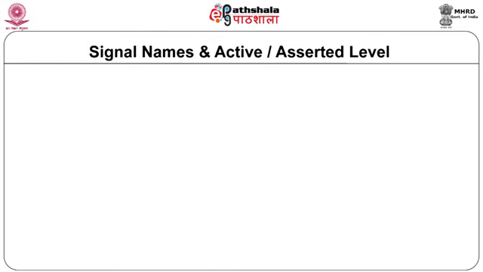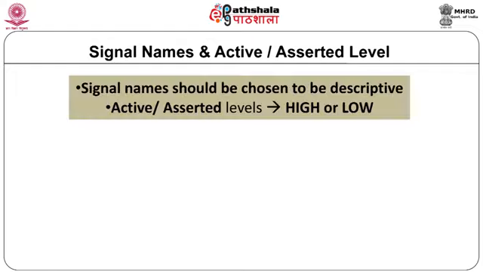De Morgan's theorem can also help to describe active or asserted levels of the signal. Signal names should be chosen to be descriptive ones. There are 2 active or asserted levels, high or low. One can describe asserted high or active high or asserted low or active low.